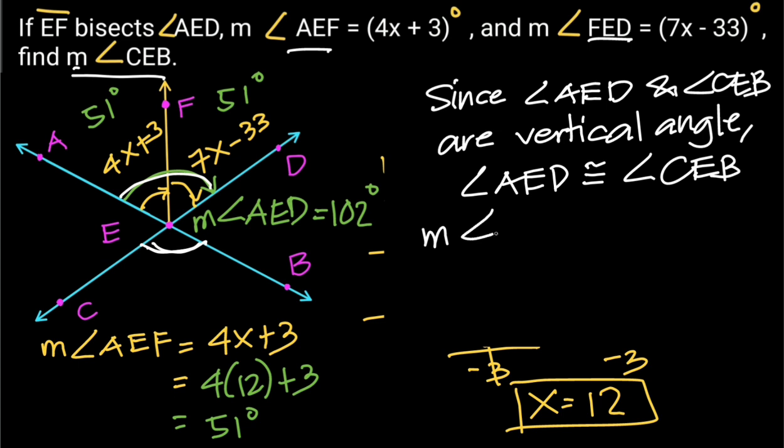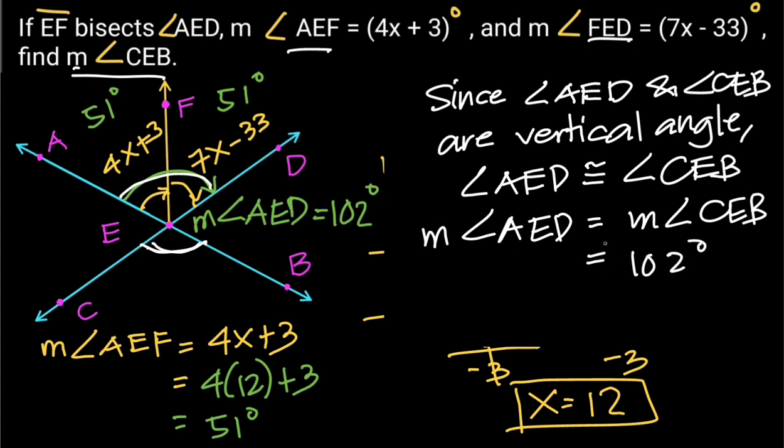Therefore, the measure of angle AED is just equal to the measure of angle CEB, which is just 102 degrees. So this is now the measure of angle CEB.